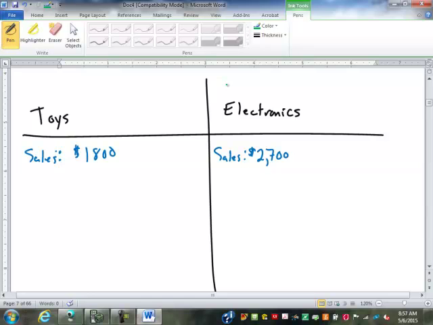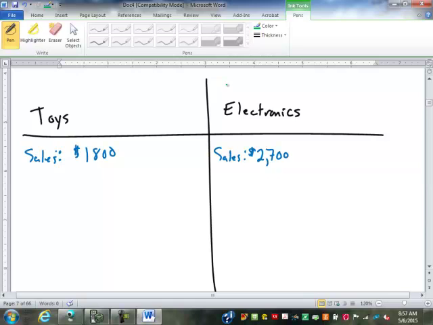Yeah, they may have sold a $700 television that was a fourth of their sales. Yeah, very, very good point. Well, I was going to say, then again, some Lego set toys would be. Yeah, there's some toys that can be pretty pricey too.